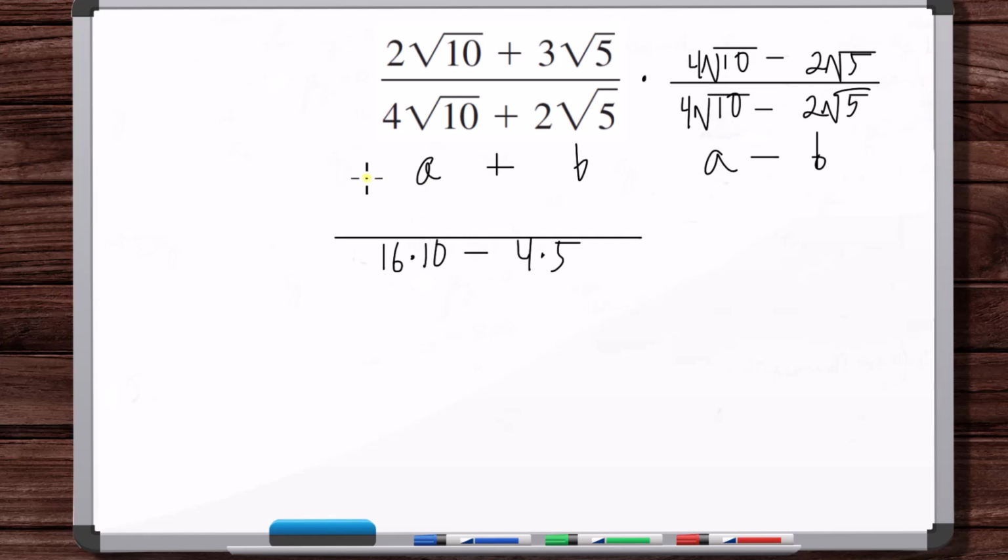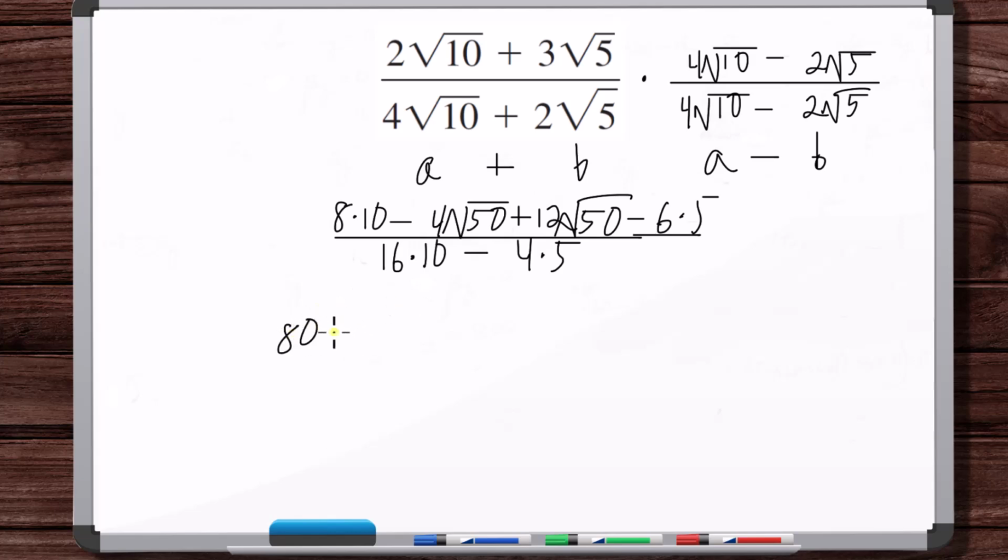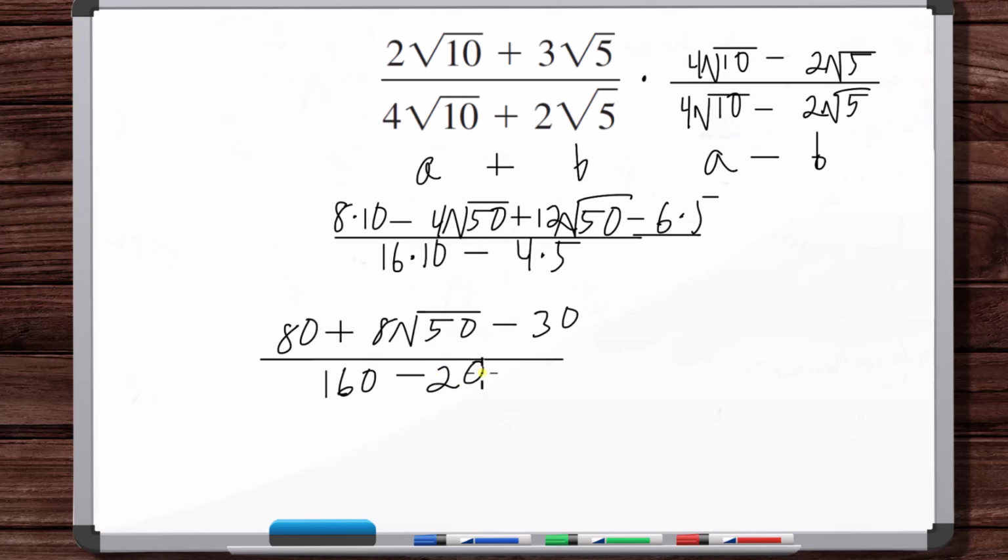Now in the numerator, 2 times 4 is 8, and then times 10, and then we're going to get 4 root 50, and then 12 root 50, and then 6 times 5. So we've got 80 plus 8 root 50 minus 30 over 160 minus 20.